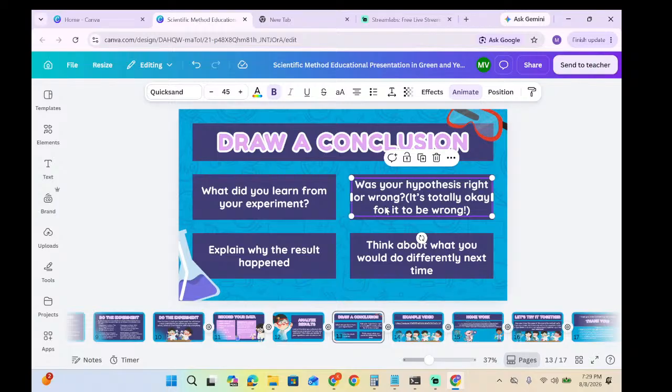So maybe you learned that photosynthesis does occur when sunlight comes because of your plant experiment. So that's why your plants grow taller. Maybe that's what you learned. And then you can explain why exactly that happened, what is the scientific reasoning behind it.